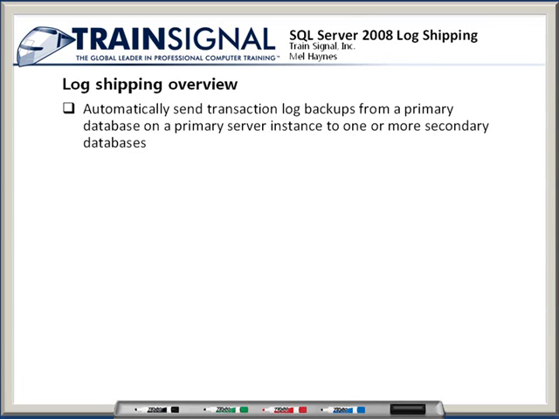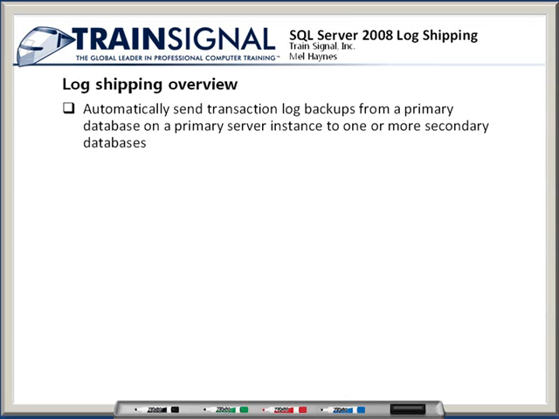It doesn't do automatic failover, but it is automatically moving your backup files to some other location where they are hopefully more secure. Now in my scenario, we're going to actually back up our log files to our secondary server. So that's not necessarily the automatic portion from log shipping, that's just a standard backup. But then log shipping takes over, grabs that file and moves it to some other location.